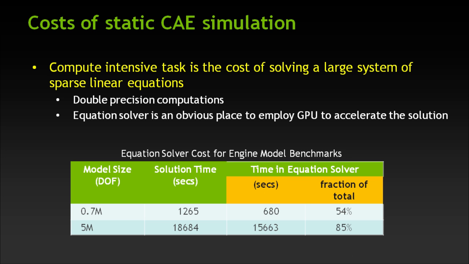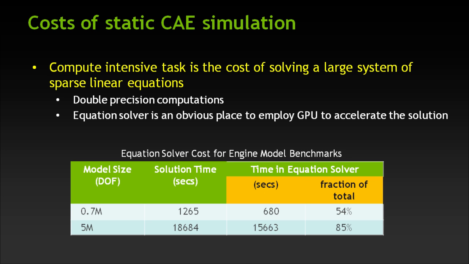Now, what I'm showing here is the cost of a typical stress analysis static CAE simulation. We're looking at the cost of the equation solver and the simulation. In the table that you're looking at in the slide, there are two models. Both come from the powertrain industry, engine block models. One of them is less than 1 million degrees of freedom, about 700,000 degrees of freedom, and the amount of time spent in the equation solver is roughly 54% for that model size.